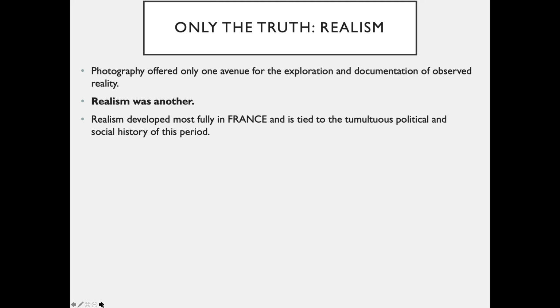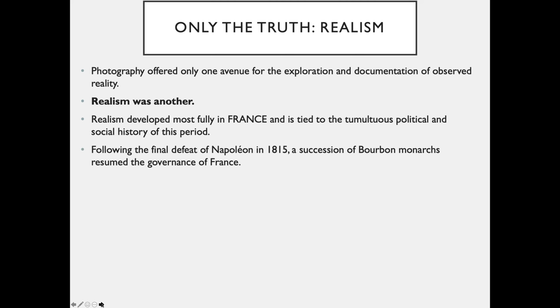All right, only the truth, realism. Photography offered only one avenue for the exploration and documentation of observed reality. Realism was another. Realism developed most fully in France and is tied to the tumultuous political and social history of this period.